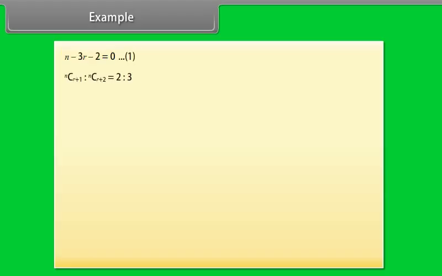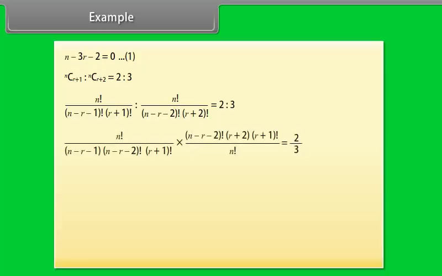Name it as 1. nC(r+1) is to nC(r+2) is equal to 2 is to 3. n factorial by (n minus r minus 1) factorial into (r plus 1) factorial is to n factorial by (n minus r minus 2) factorial into (r plus 2) factorial is equal to 2 is to 3. n factorial by (n minus r minus 1) into (n minus r minus 2) factorial, (r plus 1) factorial, multiplied by (n minus r minus 2) factorial into (r plus 2) into (r plus 1) factorial by n factorial, is equal to 2 by 3. (r plus 2) by (n minus r minus 1) is equal to 2 by 3. 2n minus 5r minus 8 is equal to 0.